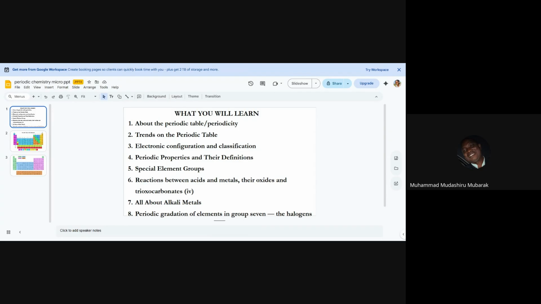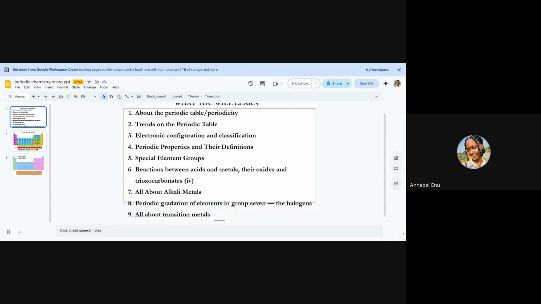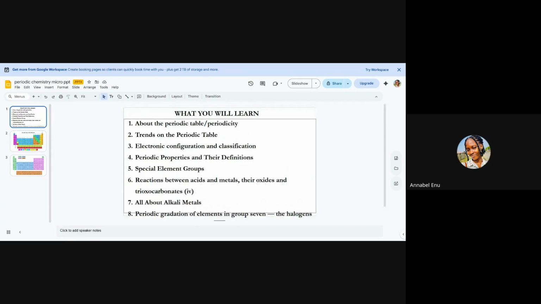Okay. So today we'll be learning about periodicity in chemistry, the topic we were supposed to learn the first week. And these are the items that we'll be learning for today.